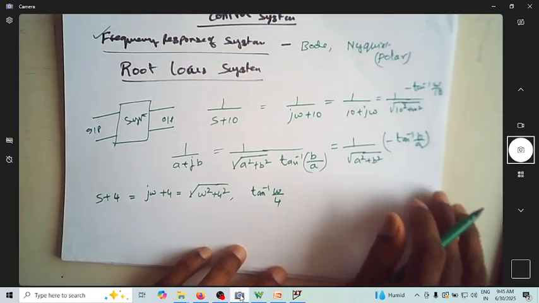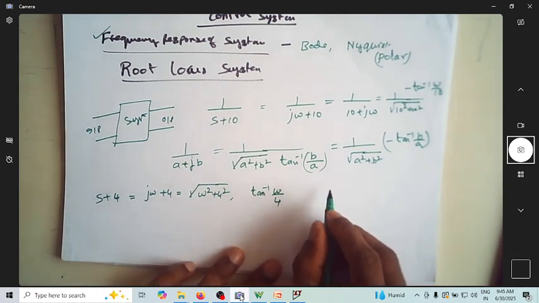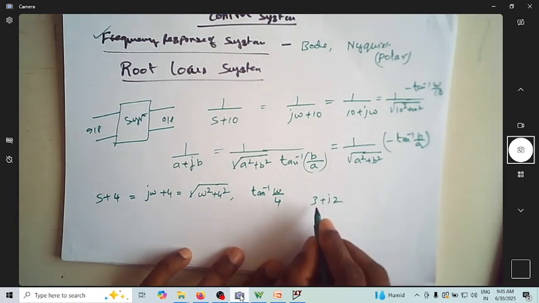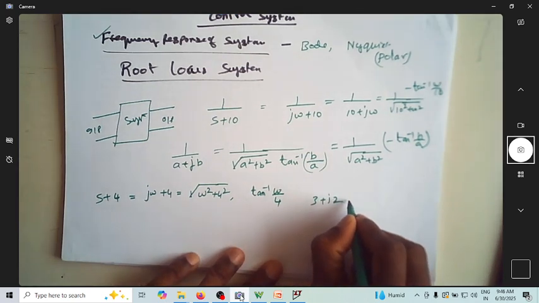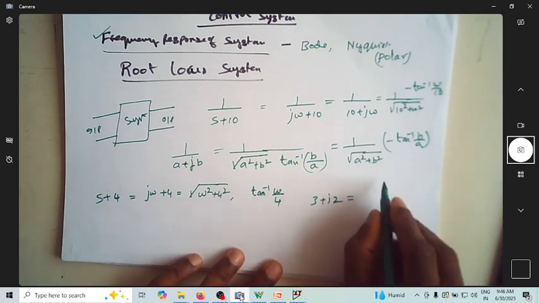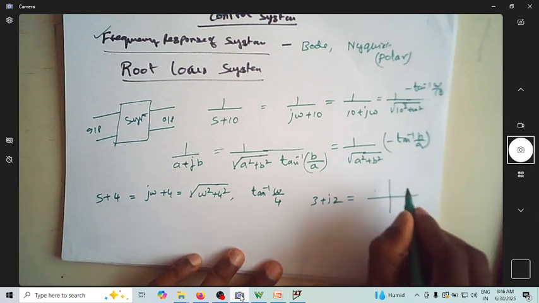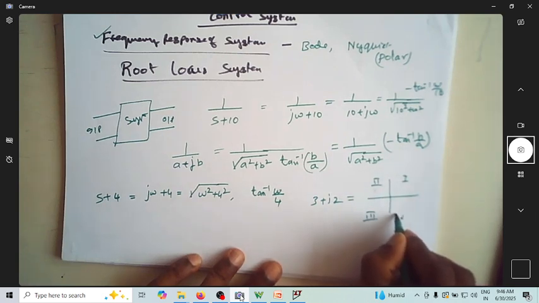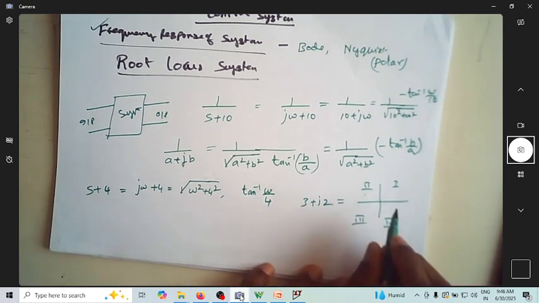Now suppose you have a term like 3 plus j2. Where is this located? Identify the first, second, third and fourth quadrants of the graph.